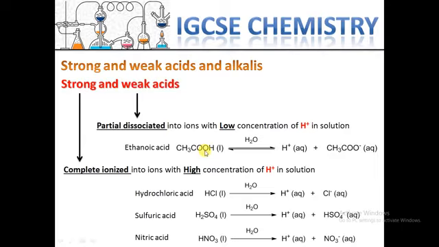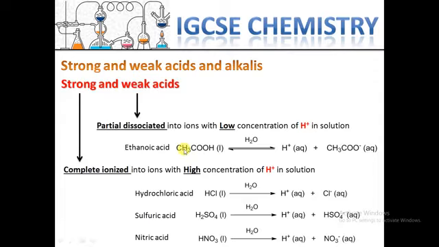If you mix this acid into water, it produces hydrogen cations and the corresponding anion inside the solution. But this hydrogen is not in very high concentration. The concentration is low. In the solution, you can see the molecular form of this acid.